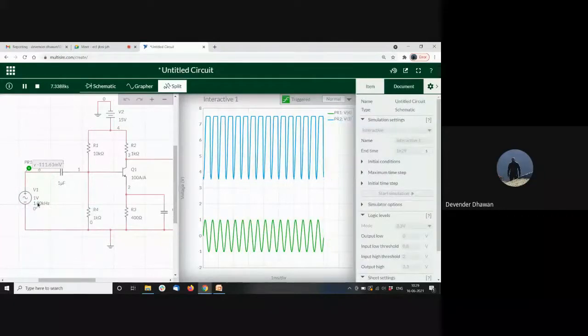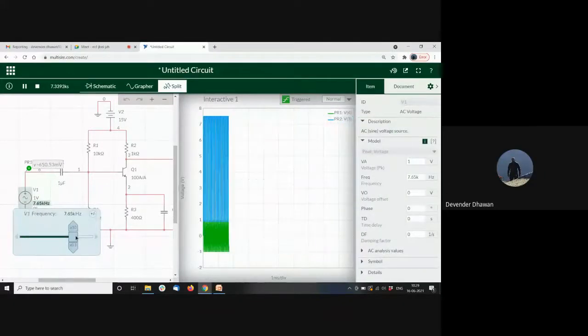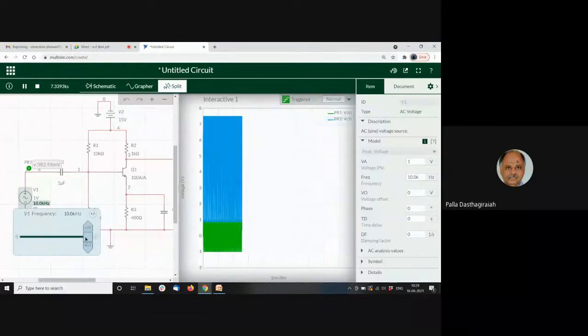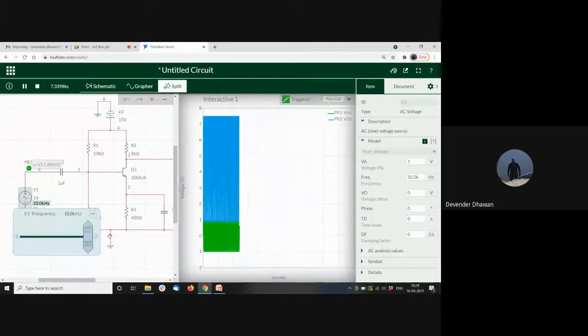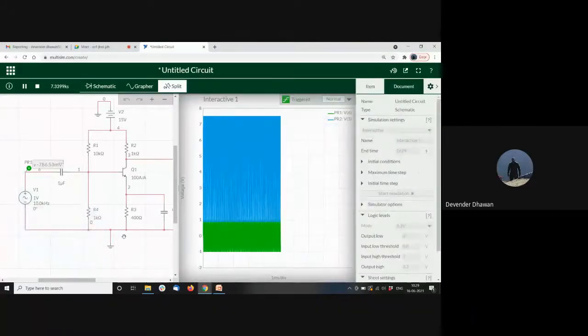And if I keep on going, it will keep on increasing. So you can see it is working as a high pass filter, also a high pass amplifier.